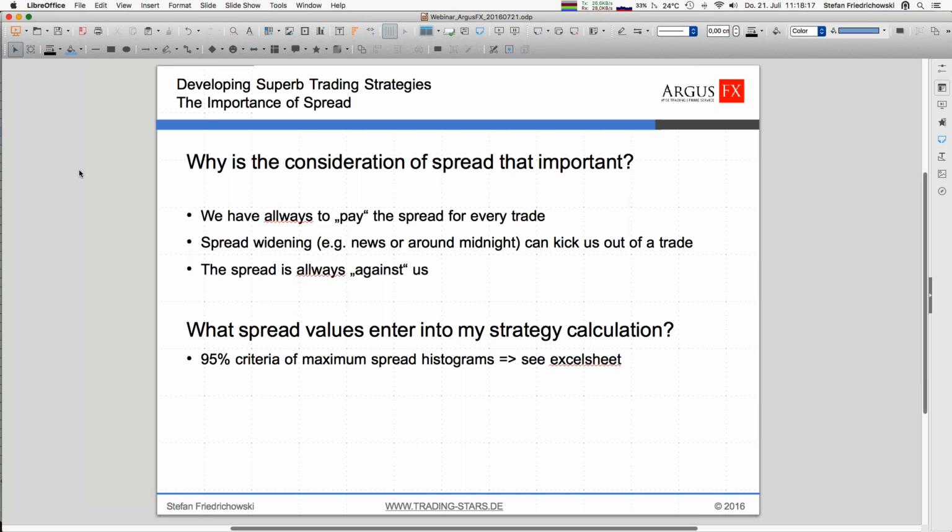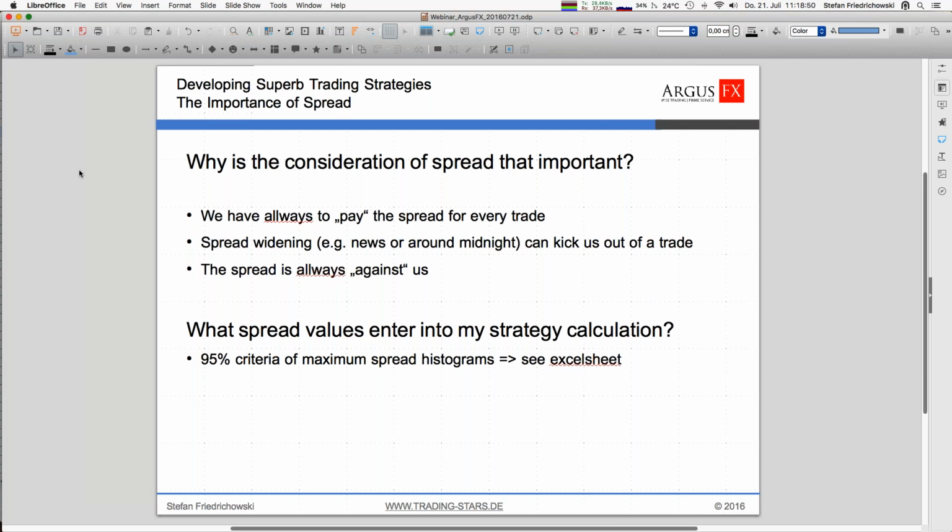Everybody of us knows that from time to time we have what is called a spread widening, and this spread widening occurs typically around news, for example, whether it's an interest rate decision of federal banks or whatever. What we can realize as well is that around midnight we always have that kind of spread widening.